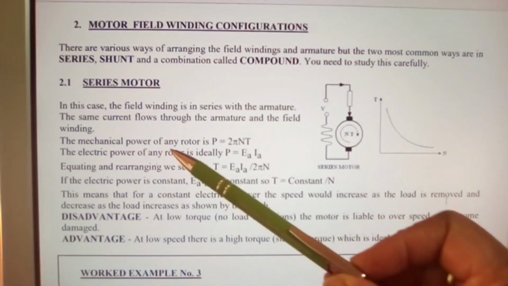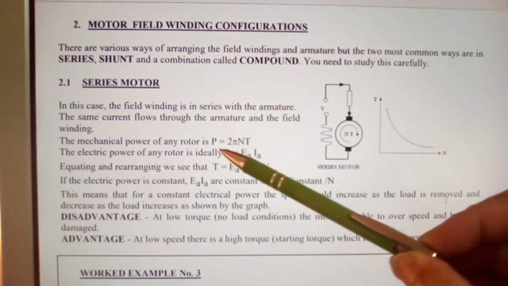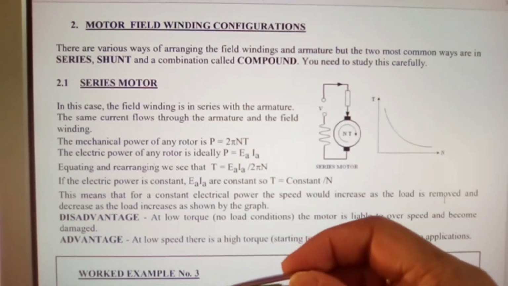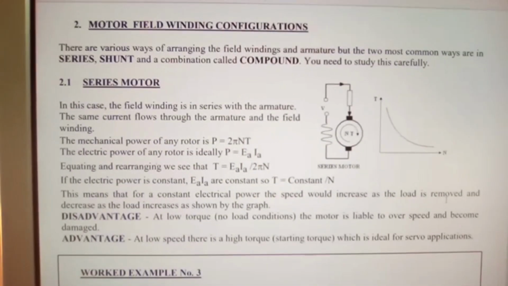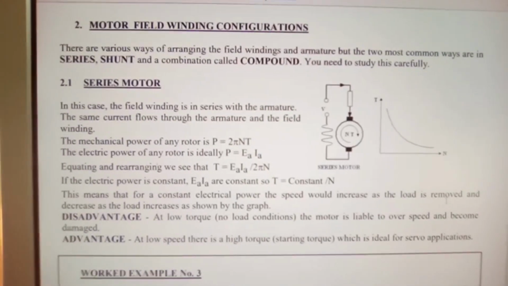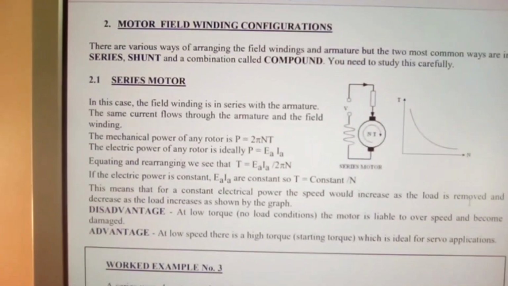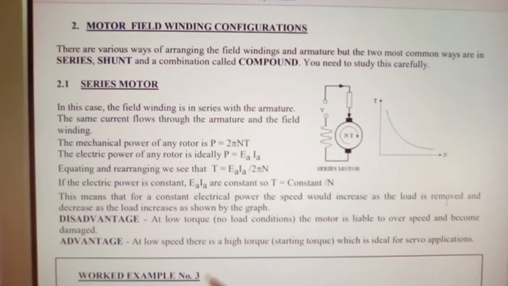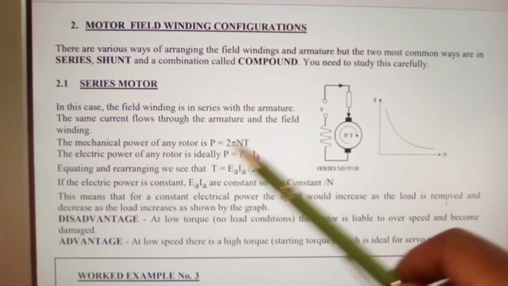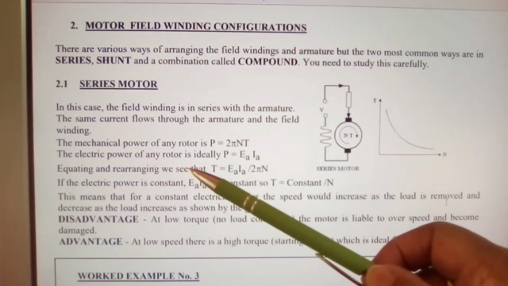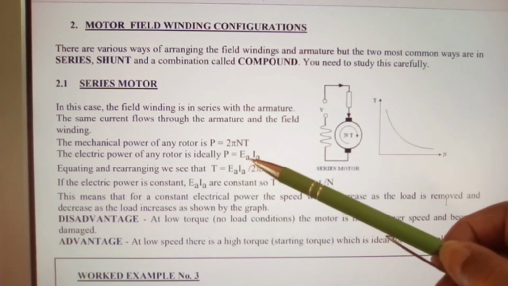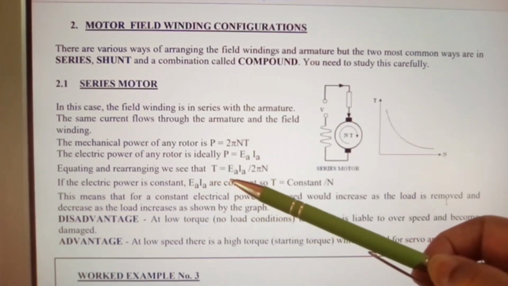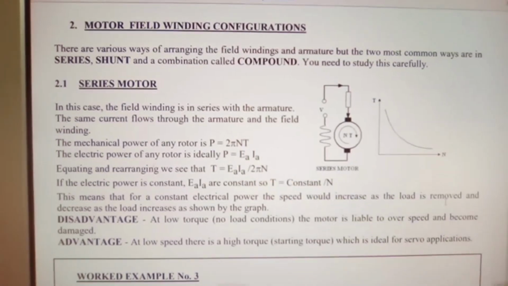The mechanical power of any rotor is P equals 2 pi nT. The electric power of any rotor is ideally P equals EA times IA. Equating and rearranging, we see that T equals EA IA over 2 pi n.